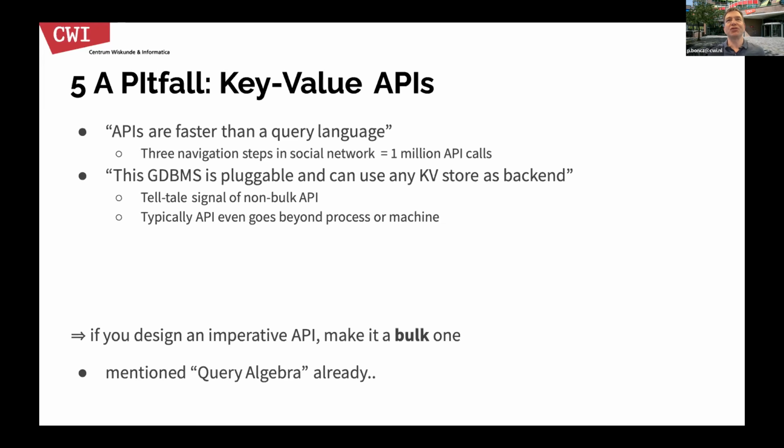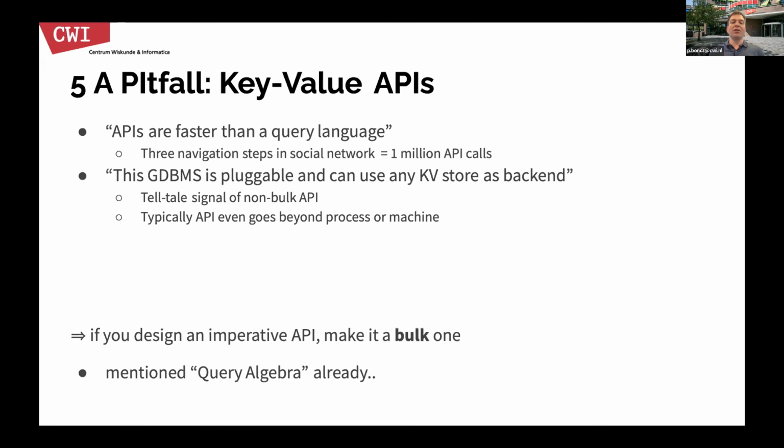These key value stores just have this get and put API. So you know that you will be in 1 million API call hell, performance hell, when a query of any significant size, well, 3 steps, is executing on a system like that, it cannot perform.